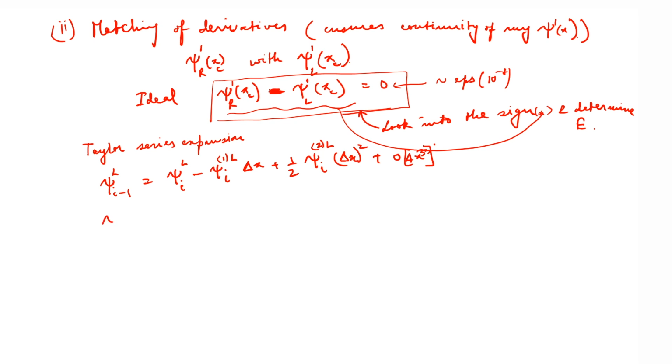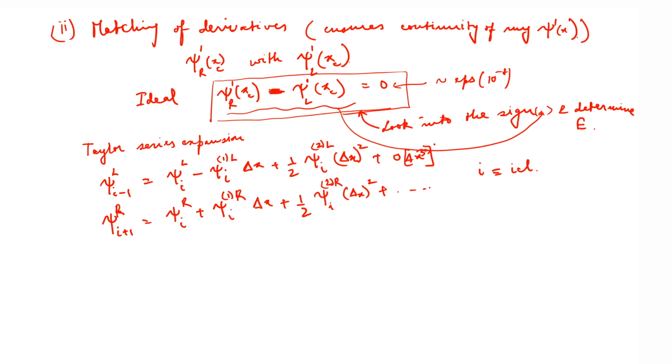Similarly, the right hand psi R at I plus 1 is equal to psi I R plus the first derivative of the right hand at I delta x plus half the second derivative of right at I delta x square plus the third order term. Note that I have just written I as a short form, since all this is happening at the point of inversion.